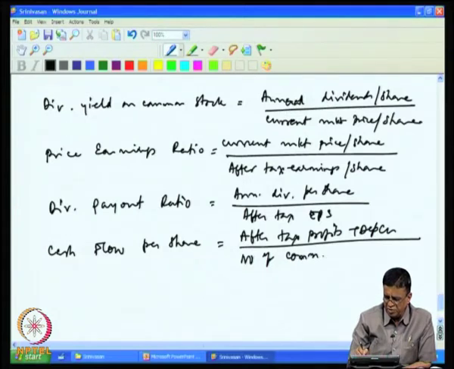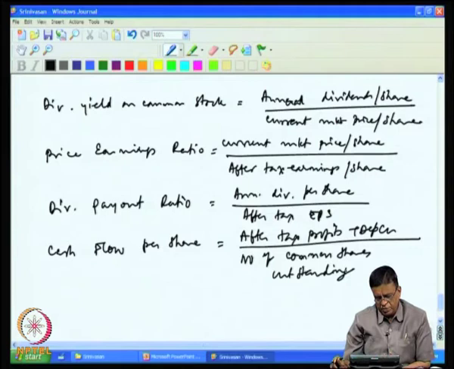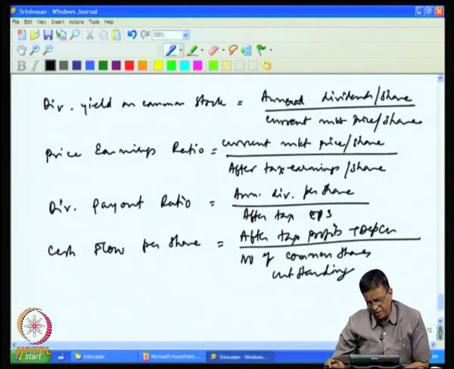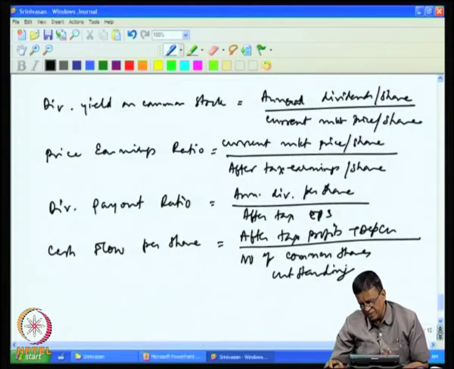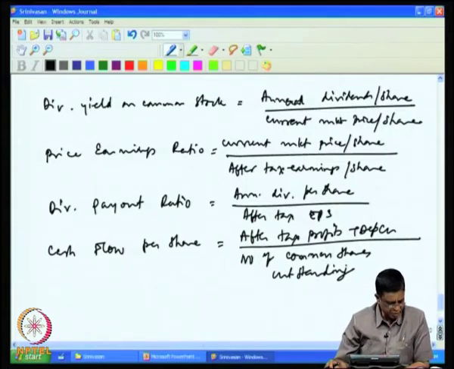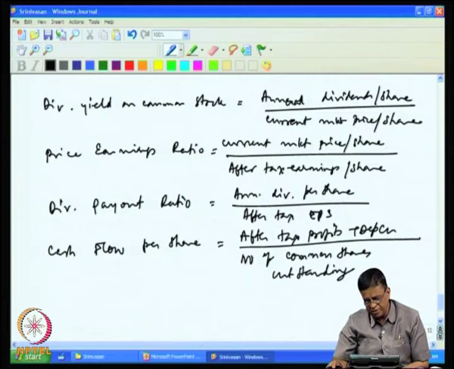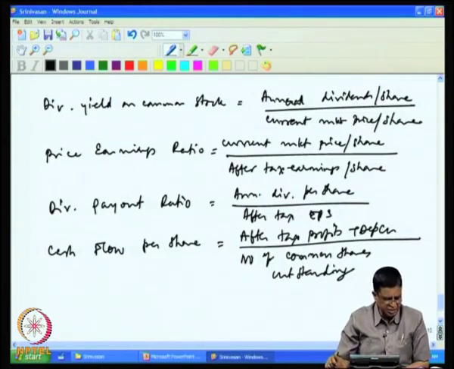So, the method of calculation is after tax profits plus the depreciation divided by the number of common shares outstanding.